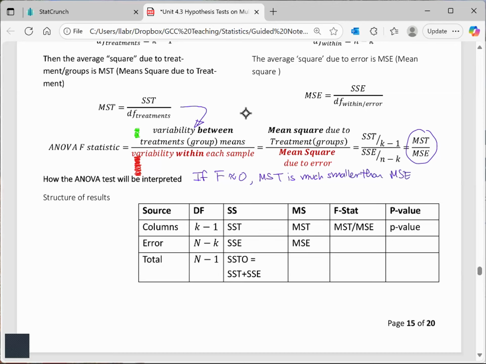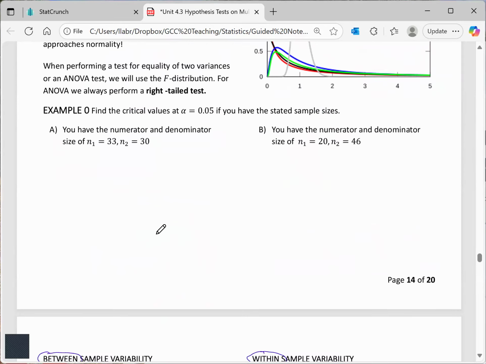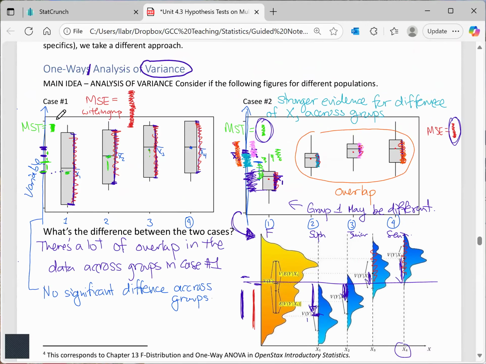The MST is the green one. Remember, if we go back, the average length across groups, if that's very small versus the overall variability within the group, we have case one, which means that there's a lot of overlap. There really is no difference in the centers by looking at the different groups. And so it looks like there's no significant difference across the groups.